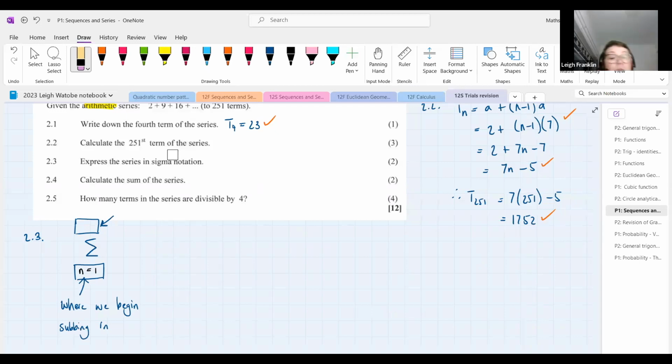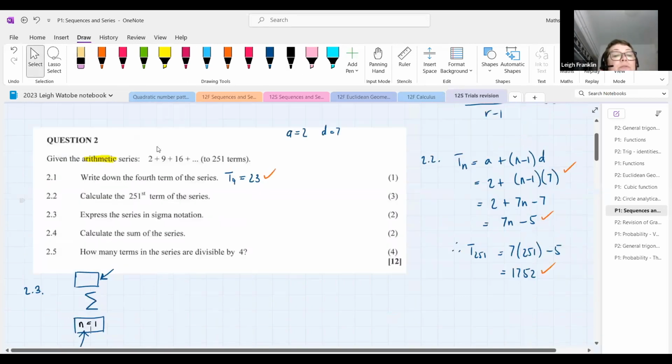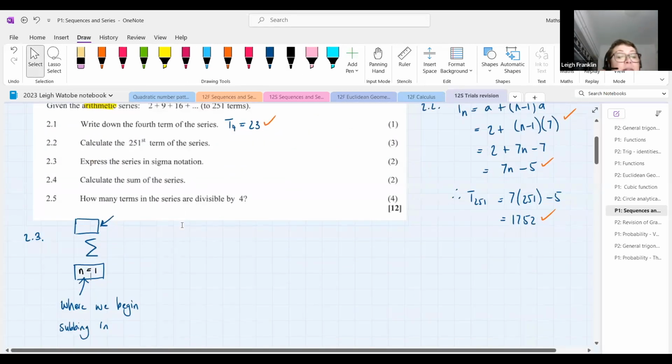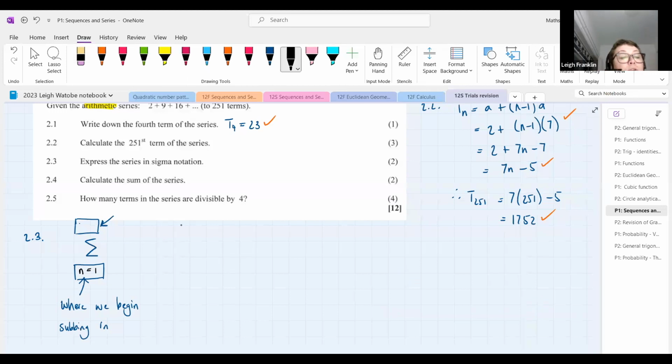Okay. So because we are writing sigma notation, we have to start by subbing in 1. All right. So the number at the top in this particular case, we know that there are 251 terms in this pattern. So we will put 251 at the top. And then what we need in brackets next to the sigma symbol is the nth term of the pattern.